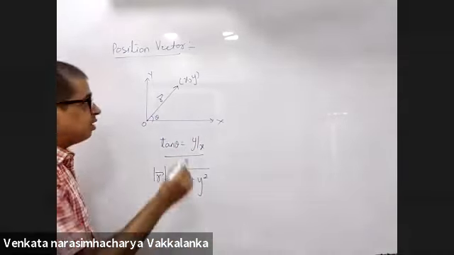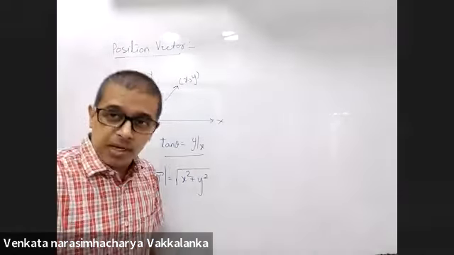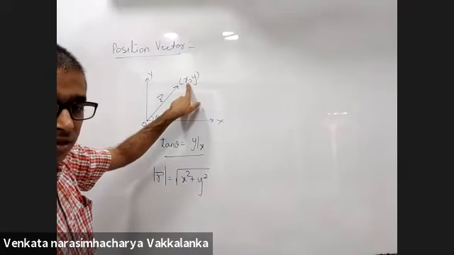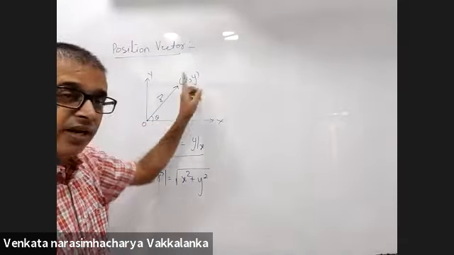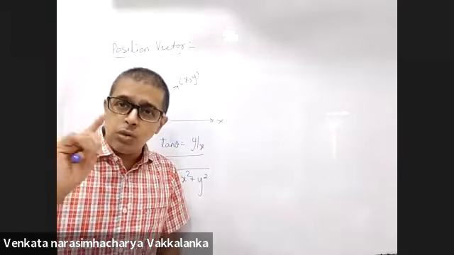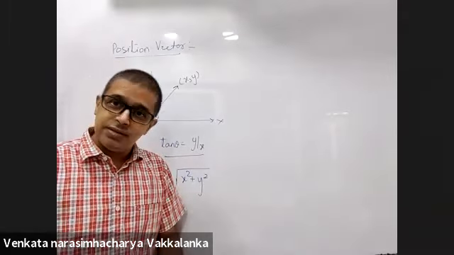Whenever I give you two coordinates this way, it's a common understanding in maths that the first number represents the x coordinate, the second number represents the y coordinate. 2, 3: 2 is the x component, 3 is the y component. Right?